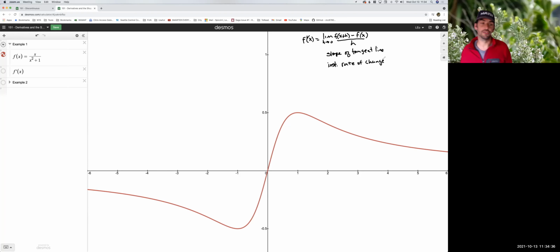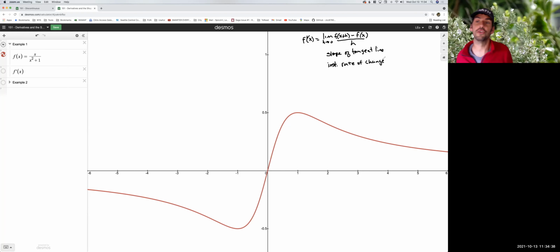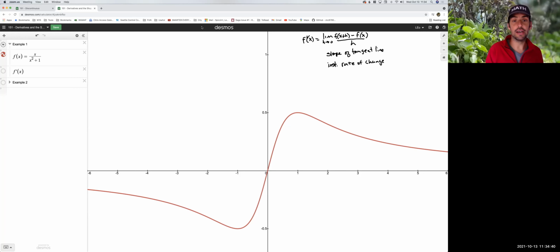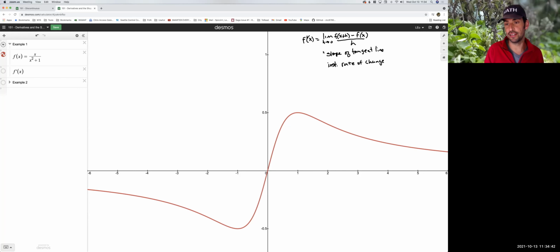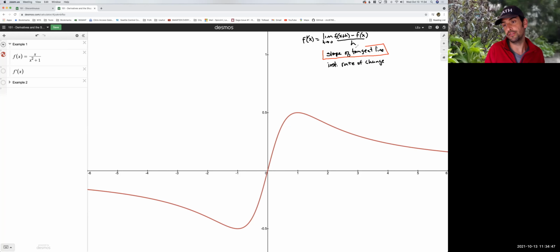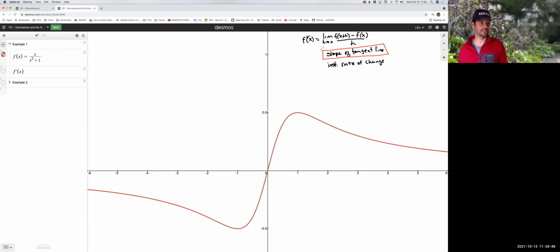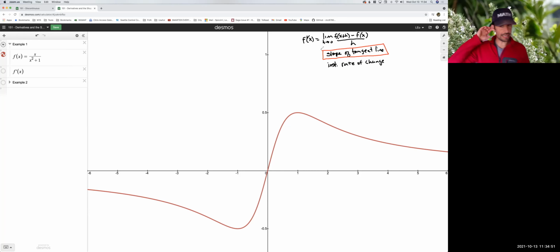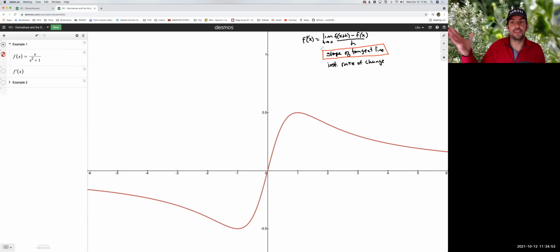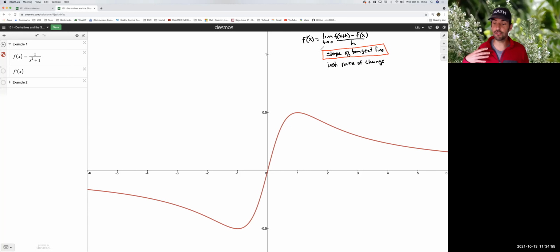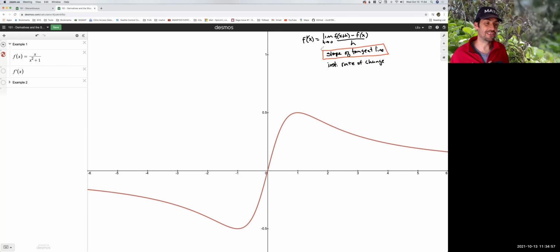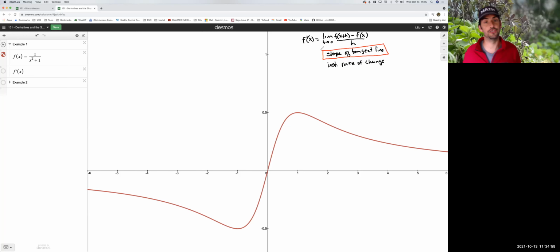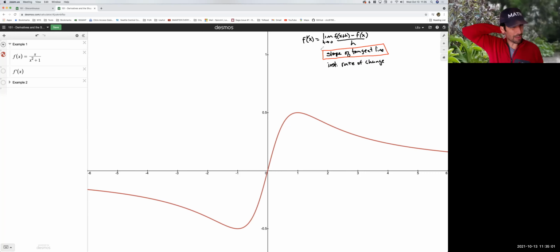So these three ideas are all connected. Depending on context, we'll use all of these ideas. Right now, I want to focus on the second idea, the slope of the tangent line. If the derivative tells us about the slope of a tangent line, that's information about the shape of the graph. So we can use derivatives to understand the shape of a function's graph, which is really a way of knowing about its behavior.